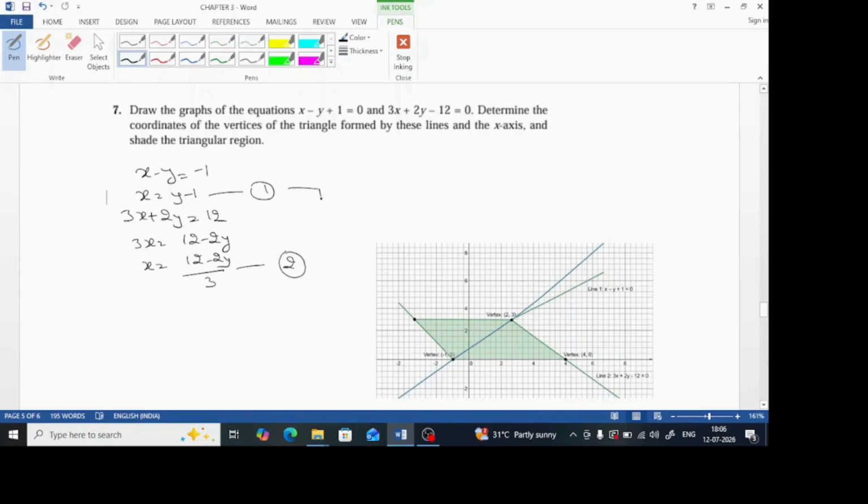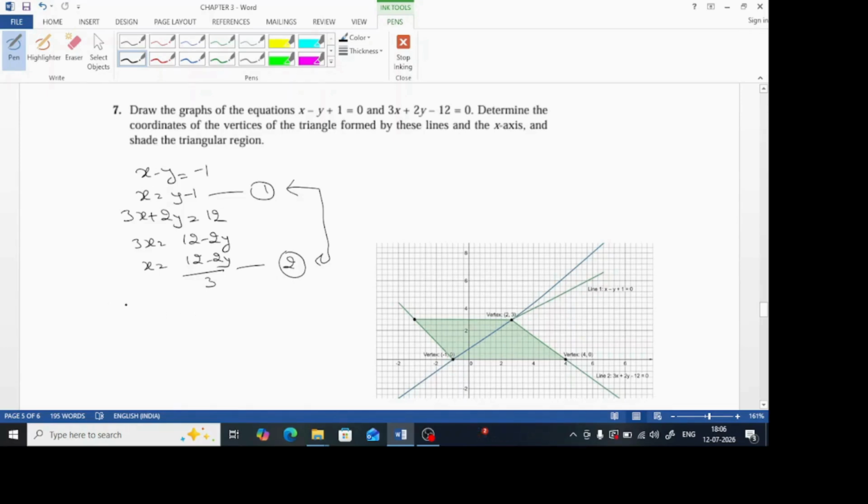If we solve these two equations and plot them on a graph, we will see that this is the x-axis and these are the two equations. So we will get the vertices of the triangle like this: 2 comma 3, -1 comma 0 and 4 comma 0.